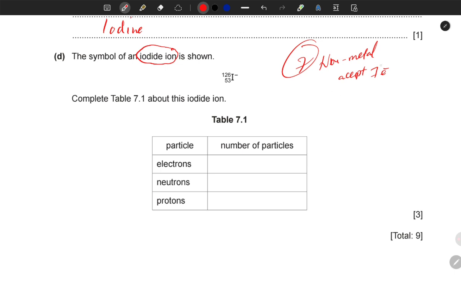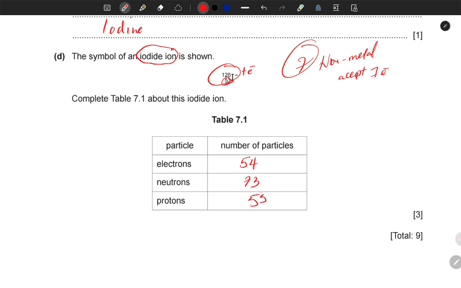So the iodine ion has an extra electron added to it. So now you discover that electrons are actually more. Instead of having 53 electrons, it has got 54 electrons, but the neutrons would remain the same.